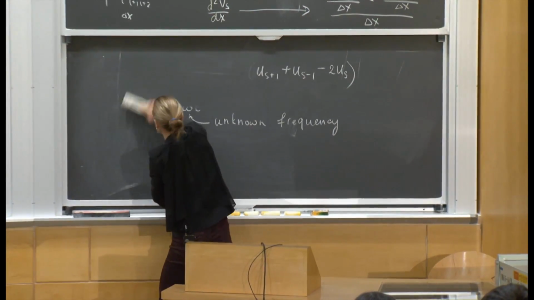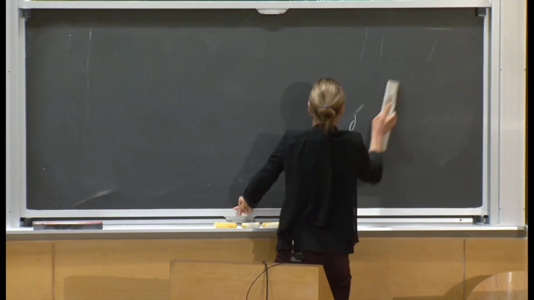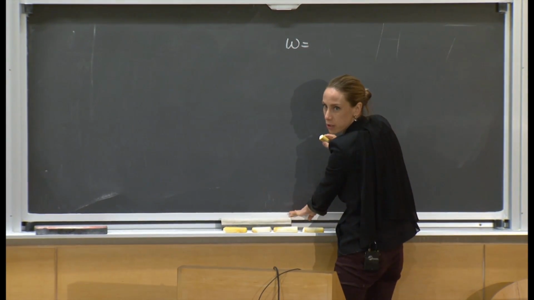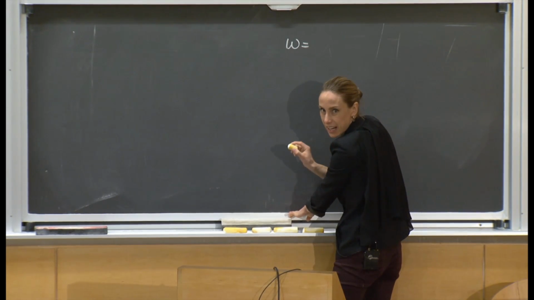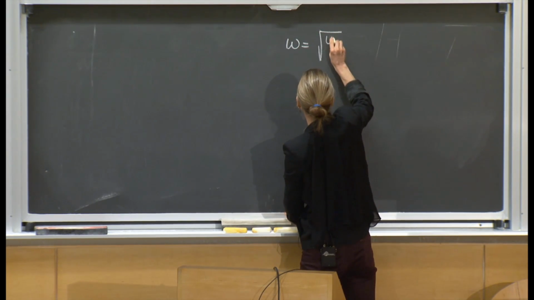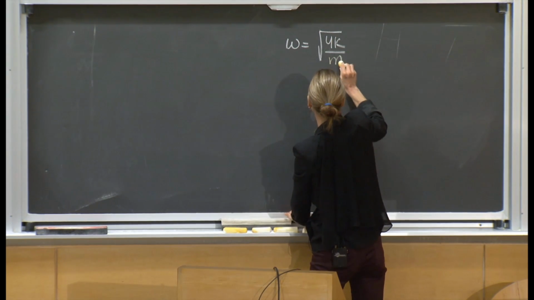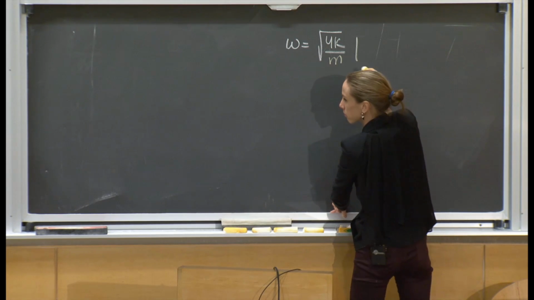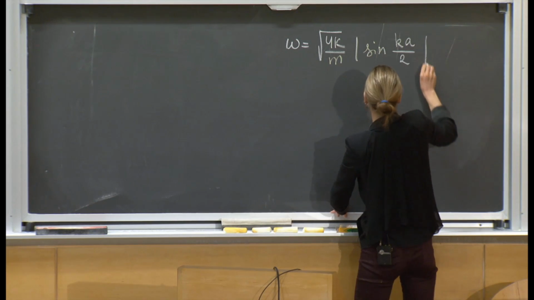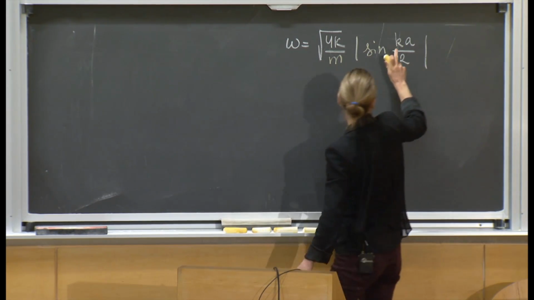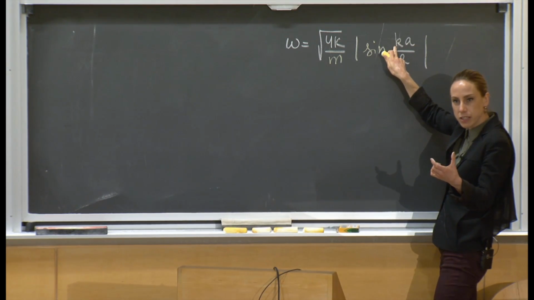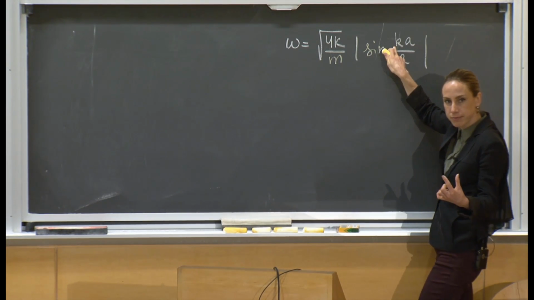What we learned is that our frequency of oscillation in time for our atoms is equal to the square root of 4K over m, absolute value of sine ka over 2, where little k is the wave vector describing oscillation in space.